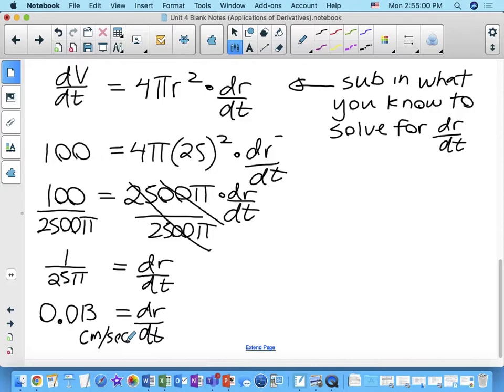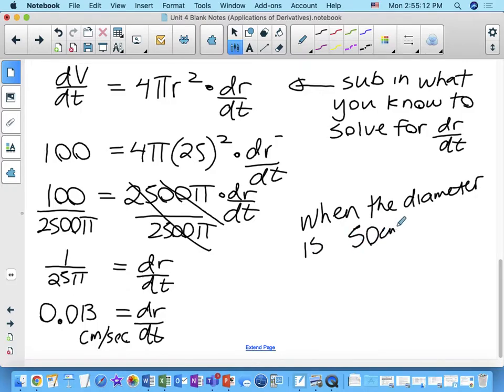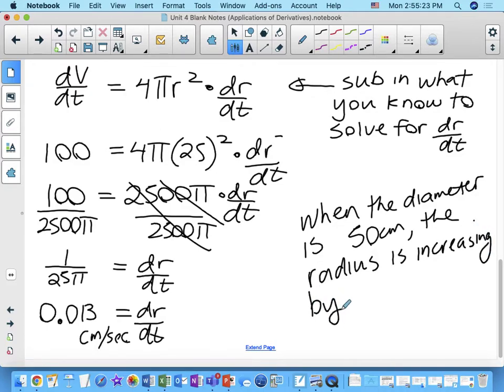So you could say now that when the diameter is 50 centimeters, the radius is increasing by 0.013 centimeters per second.